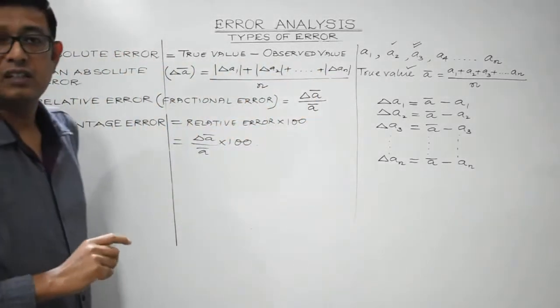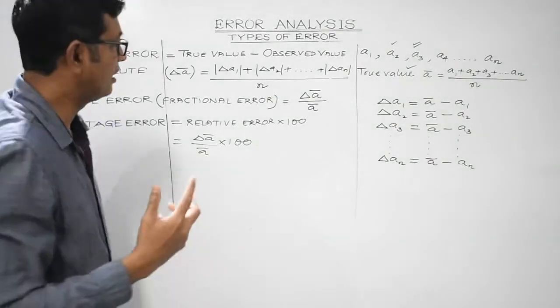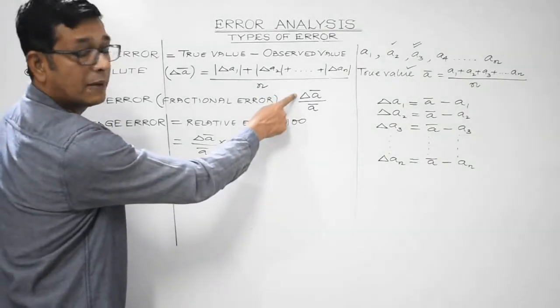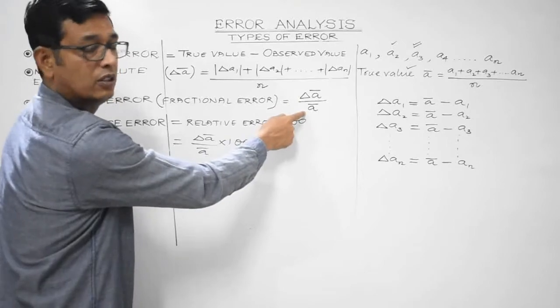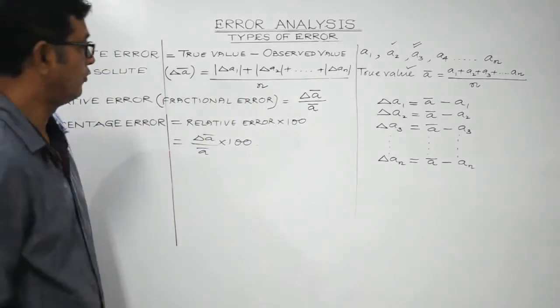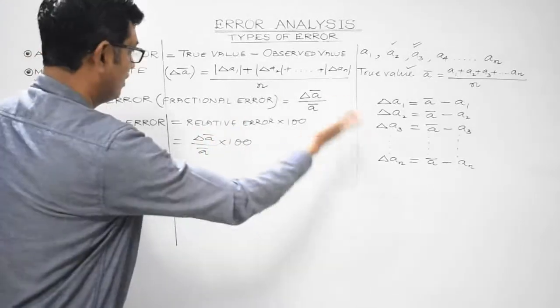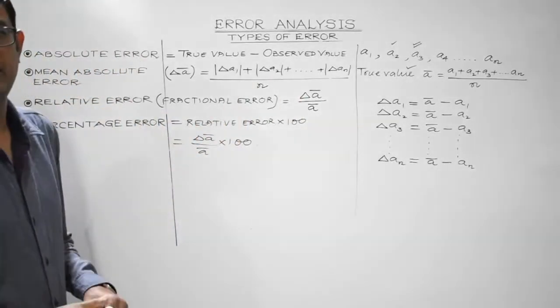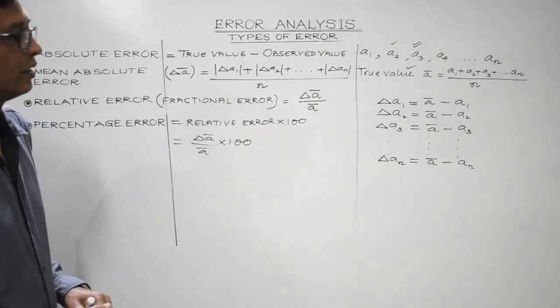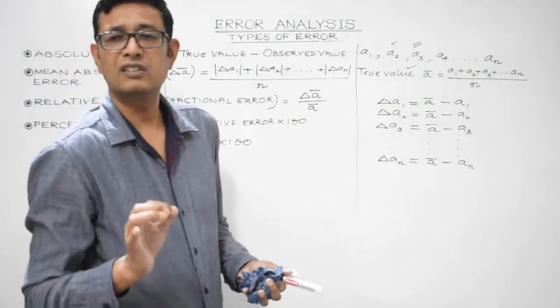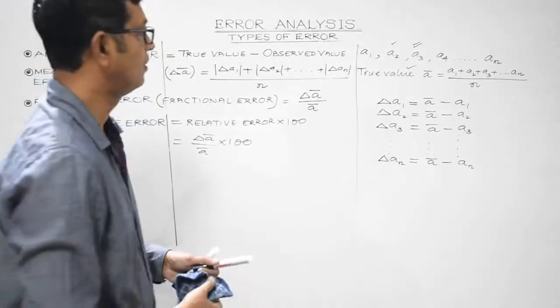Relative error, also known as fractional error, is defined as the ratio of the mean absolute error to the true value. Percentage error: when the relative error or fractional error is multiplied by 100, it gives us percentage error. So let's discuss a very simple numerical.